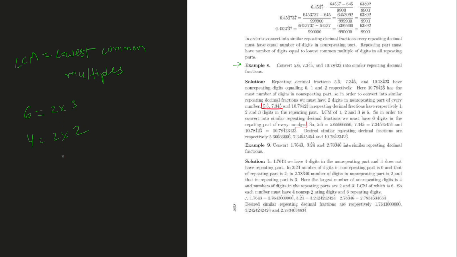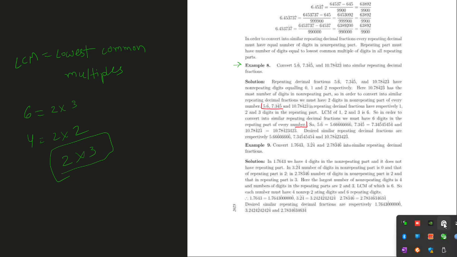The lowest common multiple between these two would be 2 into 3, so that would be equal to 6. So this is what the lowest common multiple is.